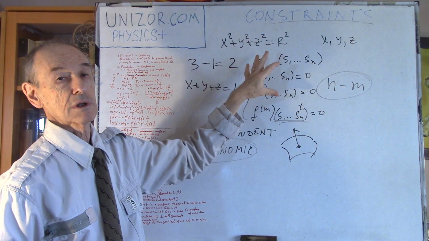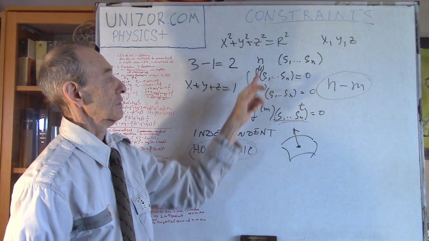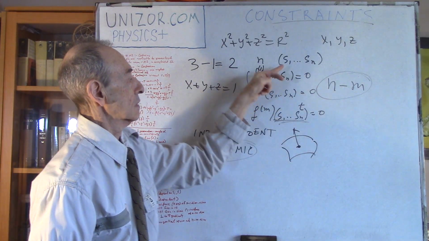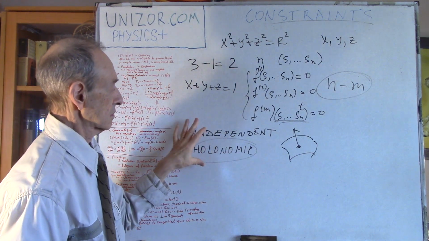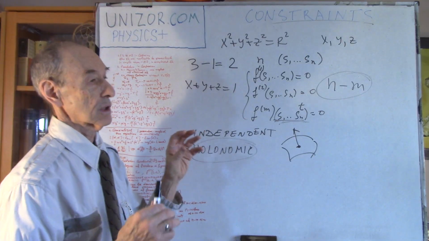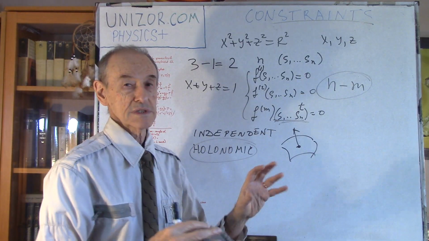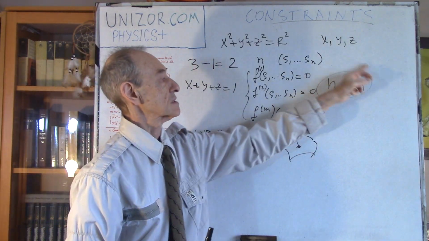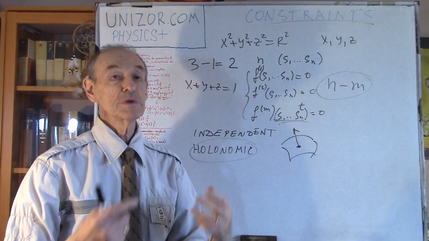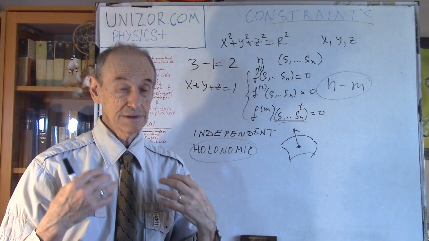If you have an n-dimensional configuration space where our mechanical system is moving, these are coordinates, doesn't matter which ones. And you have m constraints which are independent and holonomic. Then the result is that our system is moving in some kind of an intersection of all these surfaces, which is a movement of n minus m degrees of freedom, which means there are n minus m parameters which we can devise.